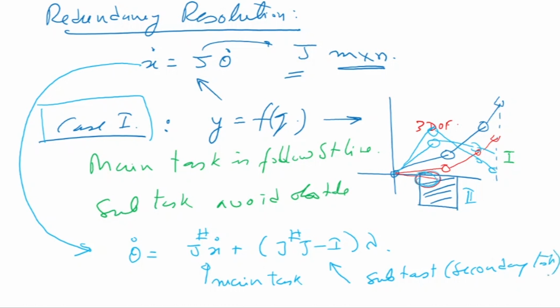So the solutions that I'm getting from here constitute the main task, and this constitutes the secondary task. So I'm going to divide my degrees of freedom into 2 parts, assign them accordingly, and the task is being performed. Okay, this is what we call case 1.